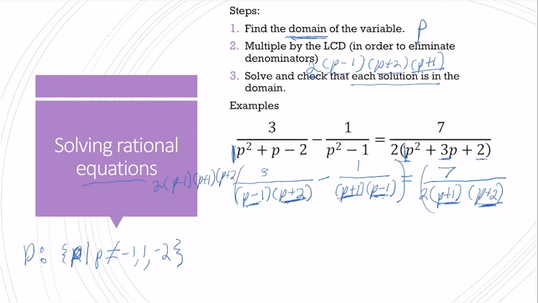And over here I'm multiplying by the same thing, 2 times p minus 1 times p plus 1 times p plus 2. There's just not enough space. My denominators are going to cancel, right? Here, p minus 1 is going to cancel, and p plus 2 is going to cancel. So that leaves me with 2 times p plus 1 times 3.